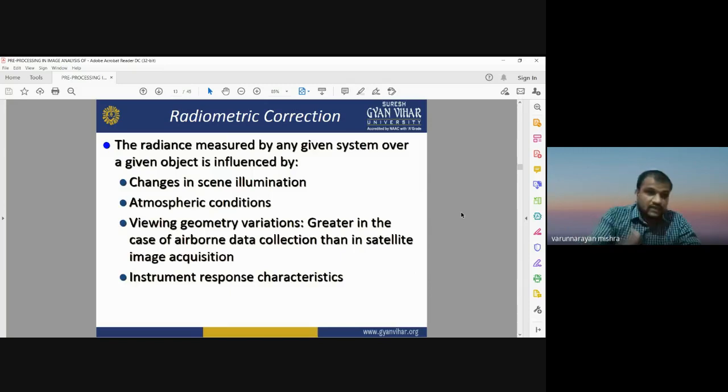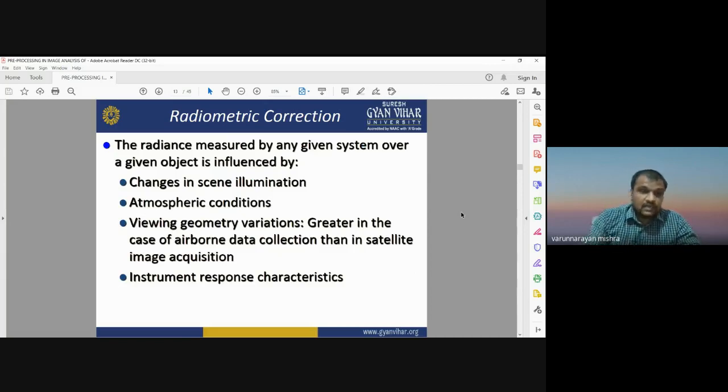These are some factors that affect the energy captured by the sensor. There may be changes in the illumination angle of the sun, and changes in the atmospheric condition. Sometimes there may be a high concentration or a low concentration of atmospheric particles. There may also be a change in the viewing geometry.